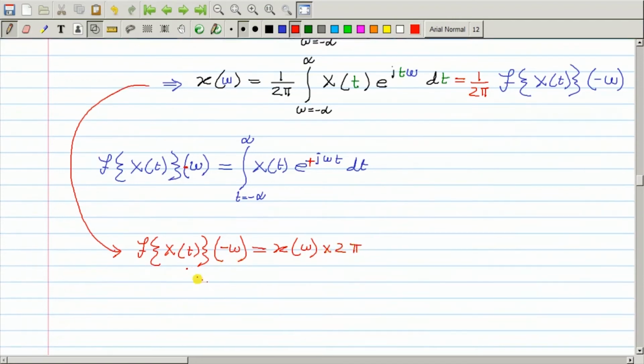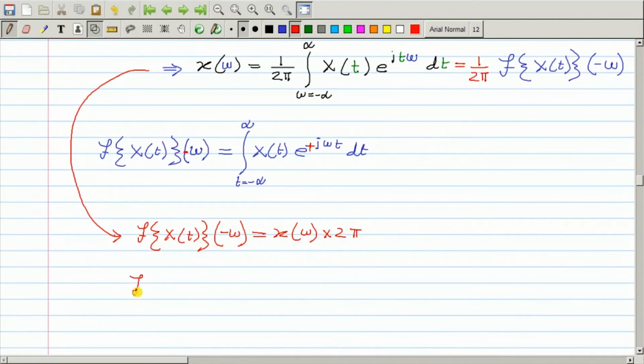And now if you want to get the Fourier transform of capital X(t) as a function of omega, you have to put minus here, that means also a minus here, so that will become small x of minus omega multiplied with 2 pi.